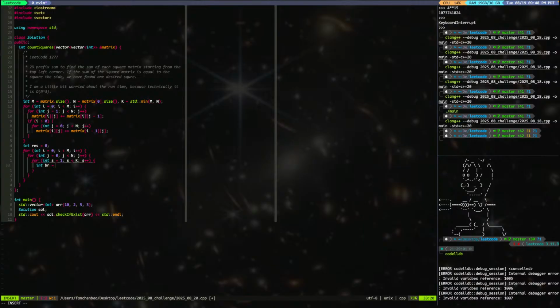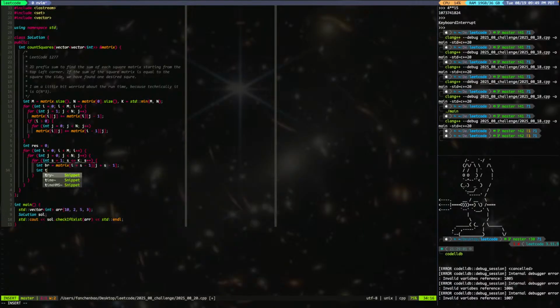Bottom right is going to be matrix[i + s - 1][j + s - 1], right? Like if size is 1, then it should be equal. Size 2 plus 2, yeah, so that's the bottom right.